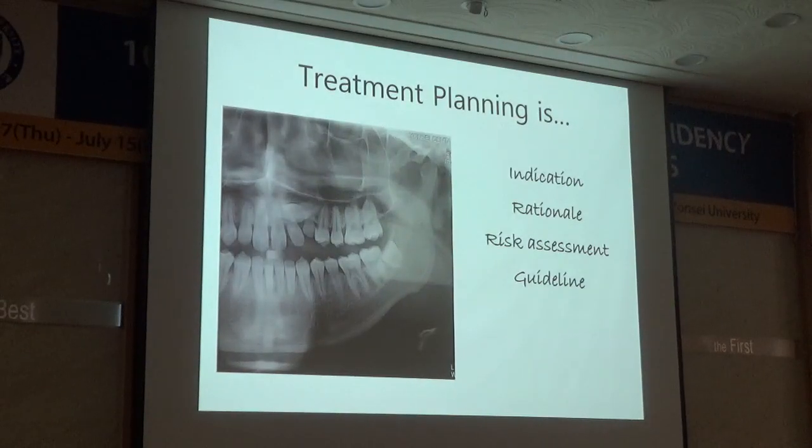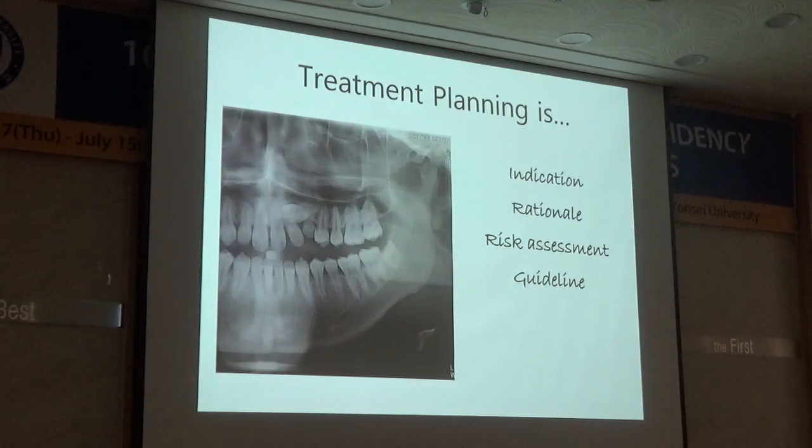The orthodontist wants to save all impacted teeth, the oral surgeon tends to extract the tooth, and the endodontist has a very high tendency to do transplantation or something. That is the difference.